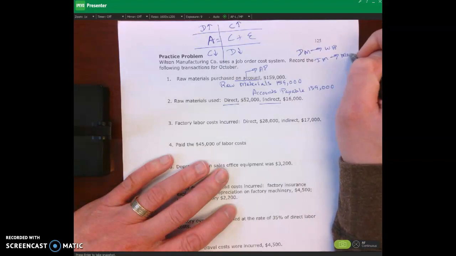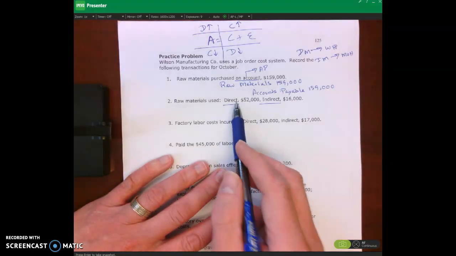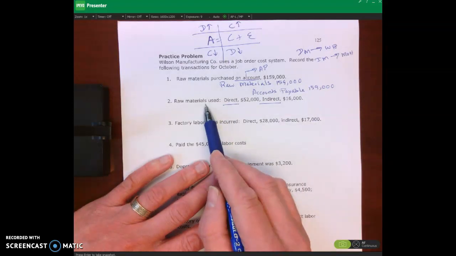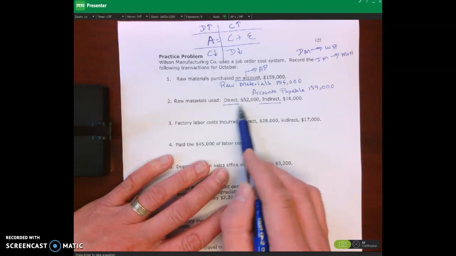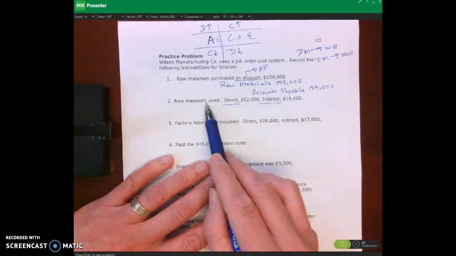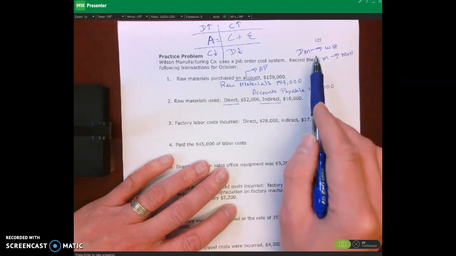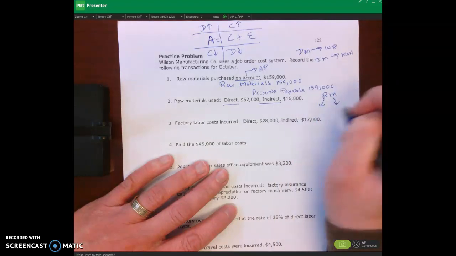They go to manufacturing overhead. Okay, so work in process. So we know direct materials being used, 52,000, indirect of 16,000. So where are they moving from? They're going from raw materials to WIP and into manufacturing overhead.